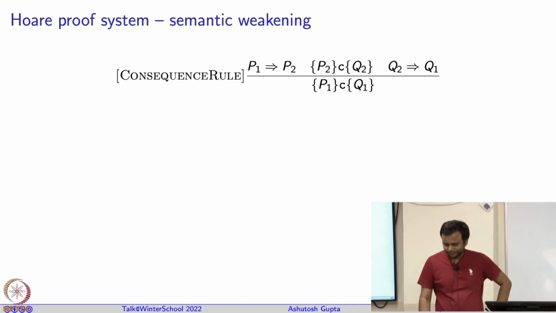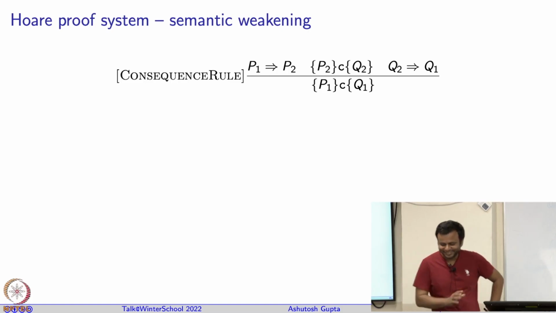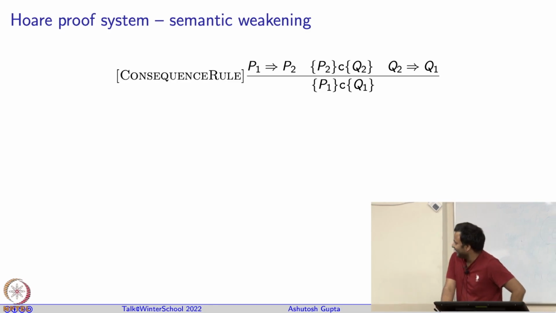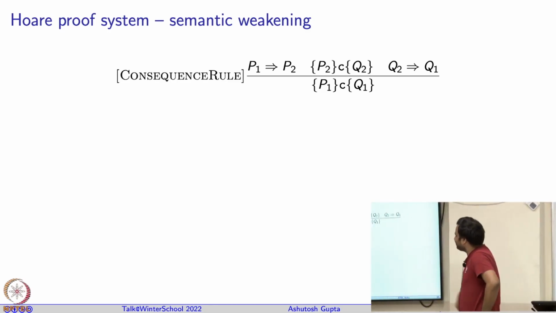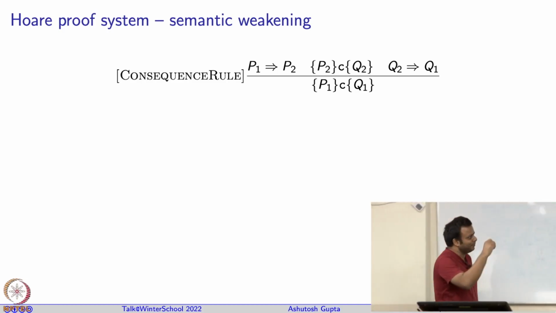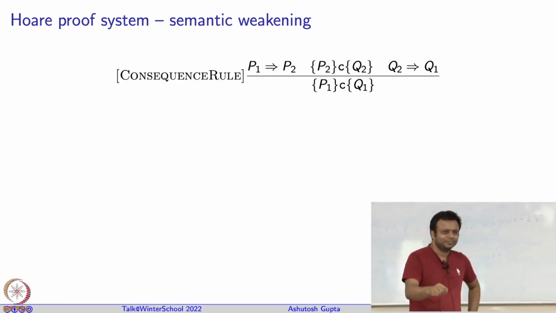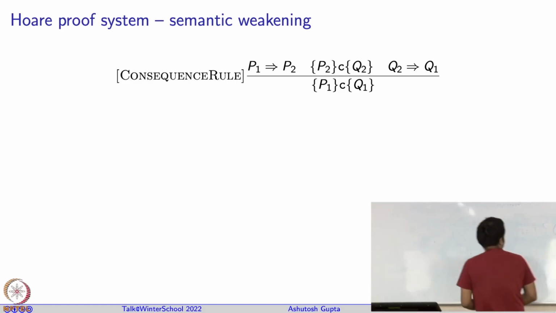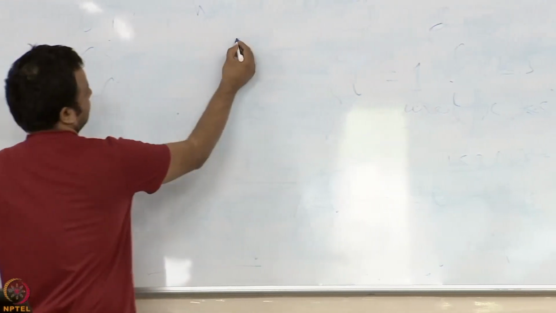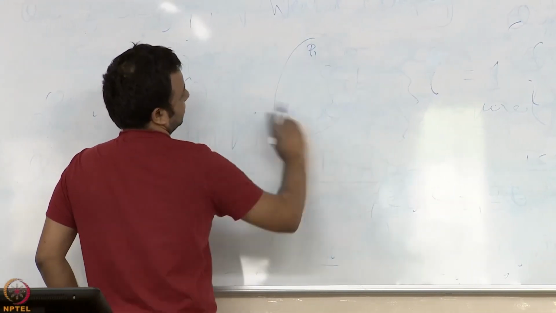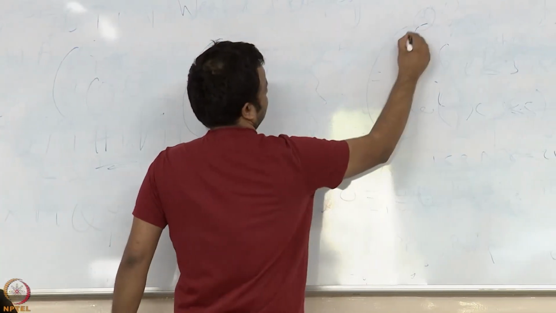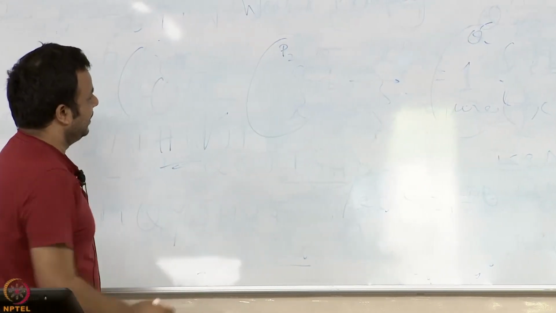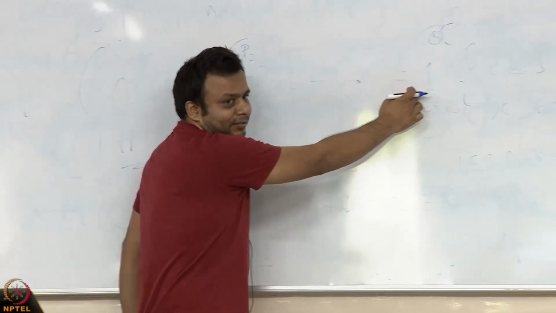So this is one more rule, the consequence rule. Let me finish this one also. What is the consequence rule? It is saying that if from P2 I can land in Q2 when executing the program, then anything smaller is guaranteed to get there.